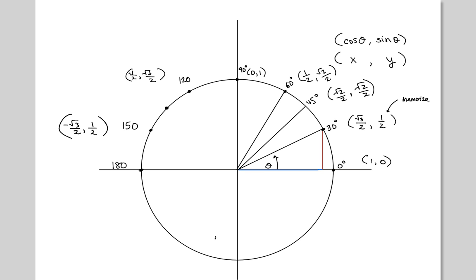Counting by 45s: 45, 90, and then 90 plus 45 is 135. So at the 135 degree, you just copy root 2 over 2, root 2 over 2. And the x goes negative.